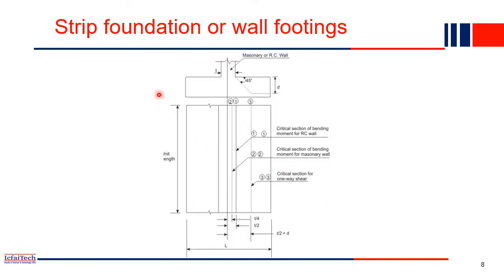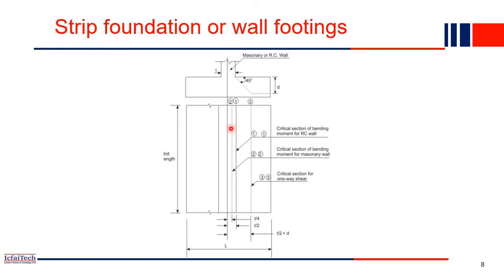Okay, so now the next type of footing is actually strip foundation or the wall footing. Wall footing means all along the wall, basically the wall will act as a footing. This is basically a long strip, especially for load bearing masonry walls, where the wall is directly transferring the load to the ground.